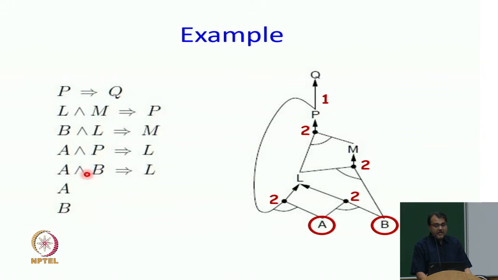The antecedent is A and B, and what can I prove from it? That is the consequent. And I create this graph structure. Now I put A and B in my queue, because those are the two things I know to be true.